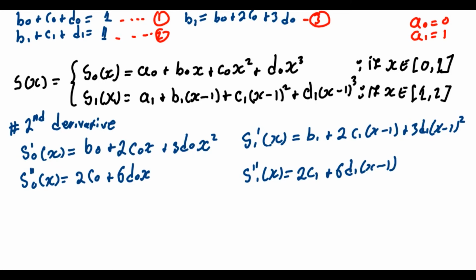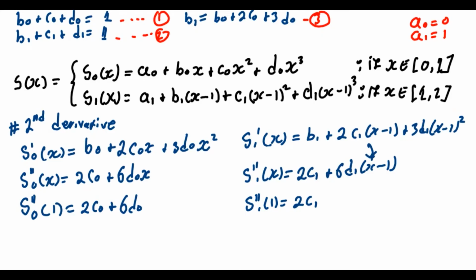Then for this one, if you plug in 1 here, this is just going to be 2c naught plus 6d naught. For this one, when you plug in 1, this is just going to be 2c sub 1, because you're just going to get a 0.